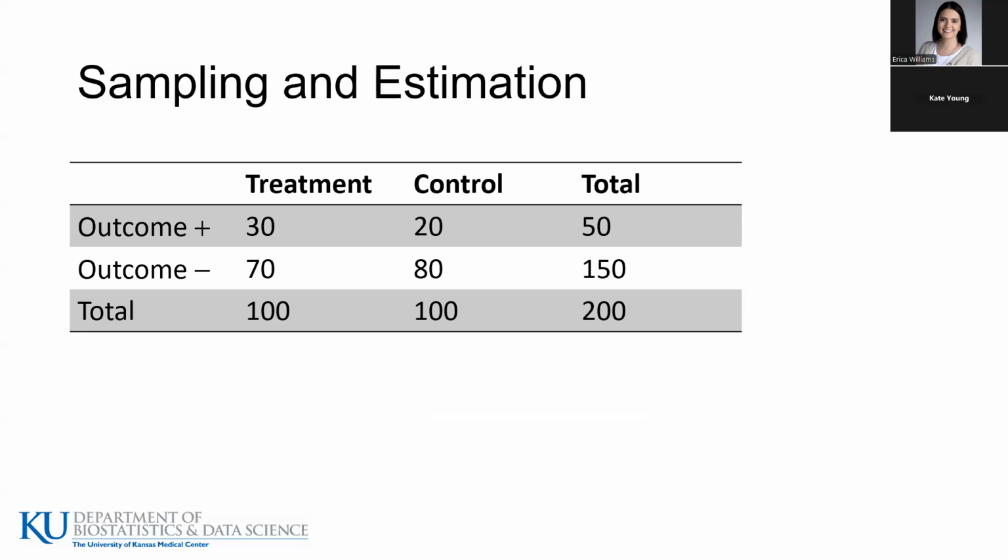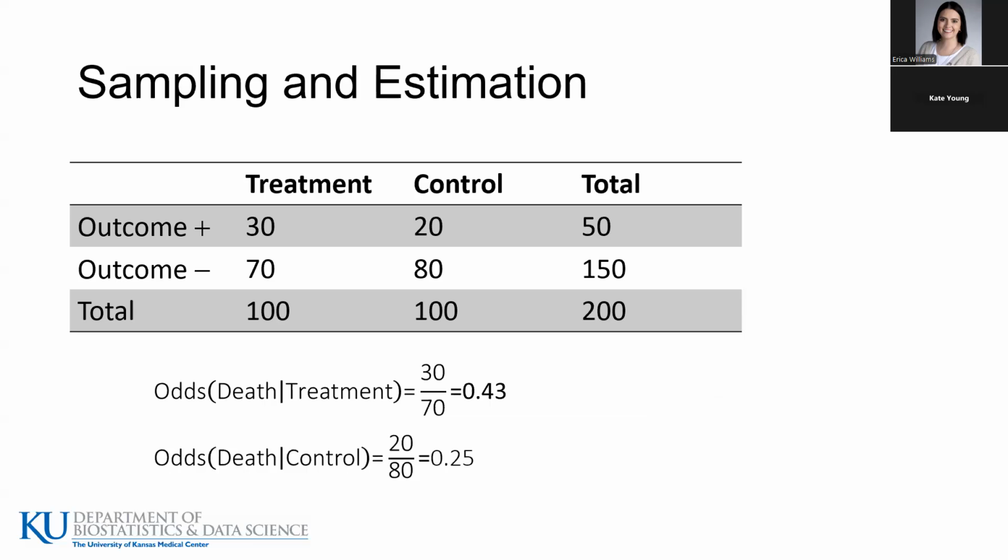Odds are sometimes expressed as fractions. For example, the odds of death for the treatment group would be 3 to 7, so 30 over 70. The odds of death for the control group would be 2 to 8, or 20 over 80.